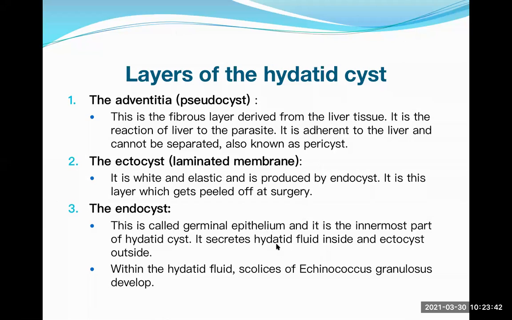It secretes hydatid fluid and the ectocyst outside, and within this hydatid fluid there are scolices of Echinococcus granulosus. These scolices develop into the adult Echinococcus granulosus after they are eaten by the host. So they are a very active component of the hydatid cyst.